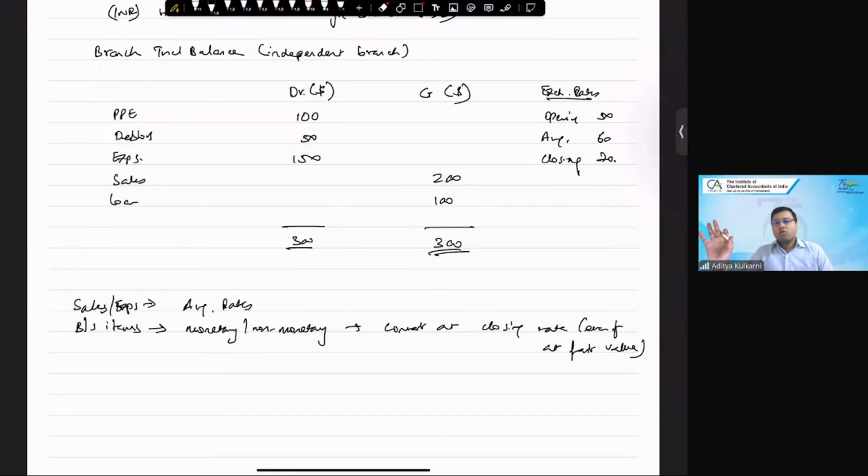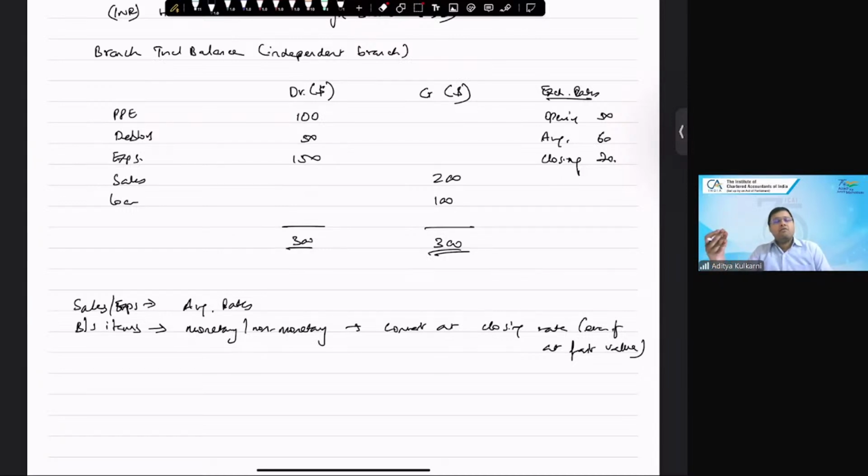Why do we take the closing rate for non-monetary items, can somebody tell me? For monetary, I always take the closing rate, so there I don't see any reason for deviation. But normally, in foreign currency transactions, what have we said?